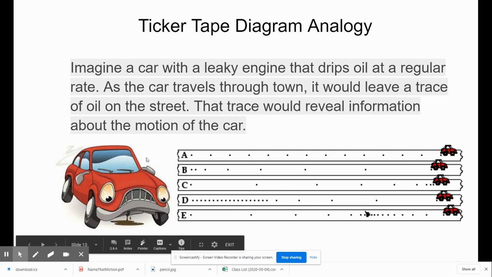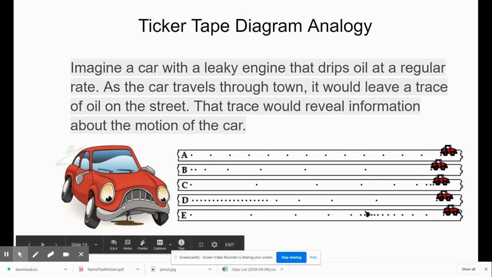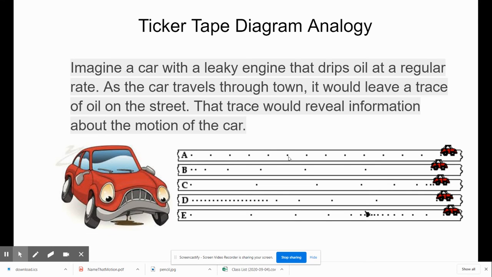So imagine that you have a car and there is a leaky engine in the car and it's dripping oil, drip, drip, drip. So as the car is traveling through town, the oil is dropping on the street. Well, if we looked at those oil drips, we could learn something about the motion of the car.